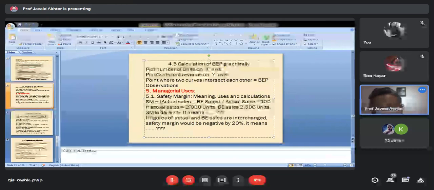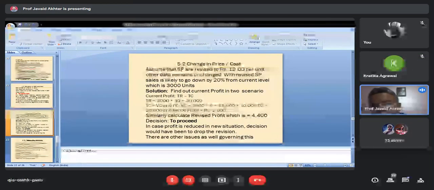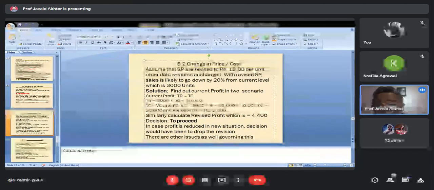So you will have 5 lines or 5 right angles drawn in your graph, assuming 1,500, 2,000, 2,500, 3,000 and 3,500. Each time your line should touch the cost and revenue curves. Am I clear now? Yes, sir. Okay. So shall I move on now to the next slide? Yes, sir.